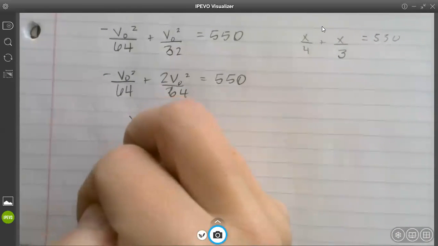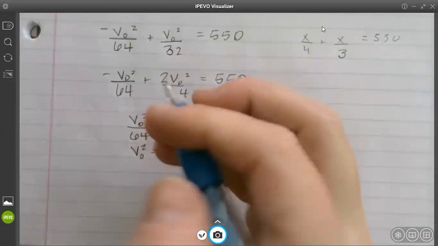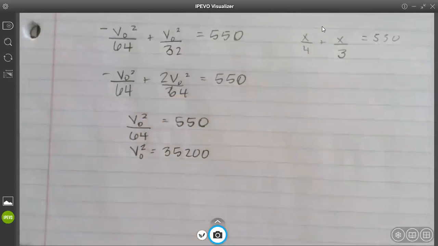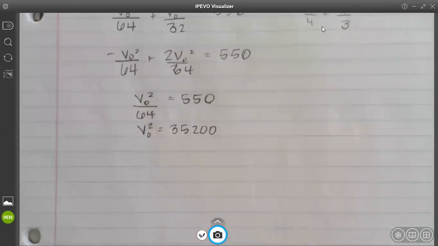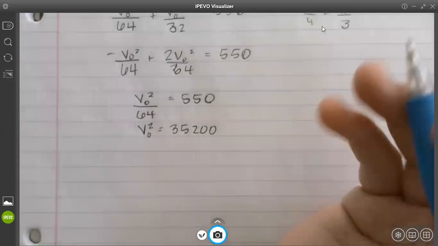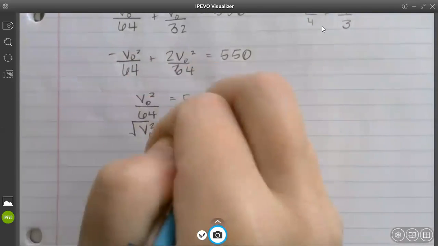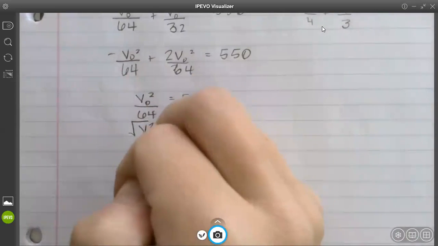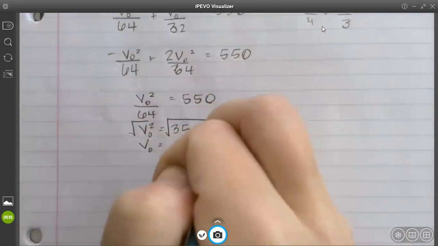What do I do now? Multiply by 64. 550 times 64 is 35,200. Then what would I do? And I get V sub O equals 187.60.